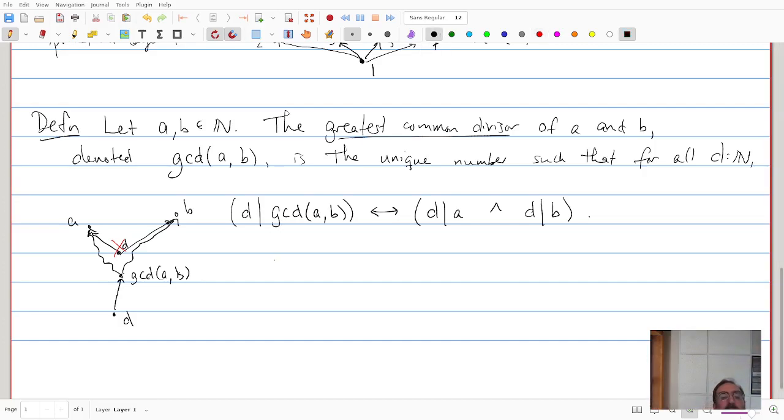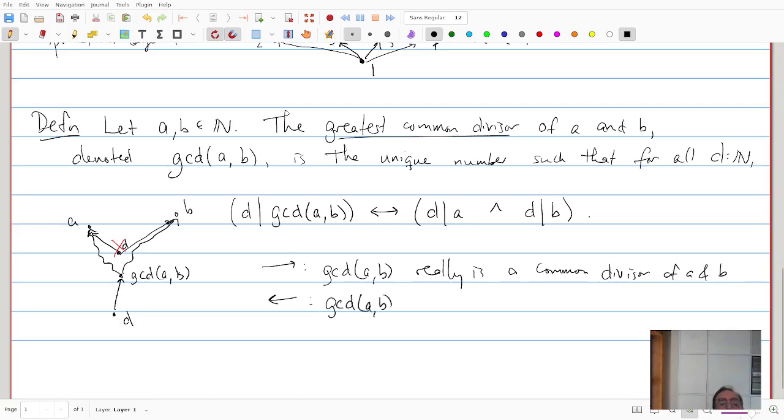So, to summarize, the left to right direction says GCD of A and B really is a common divisor of A and B. And the right to left direction says the GCD of A and B is the greatest common divisor.